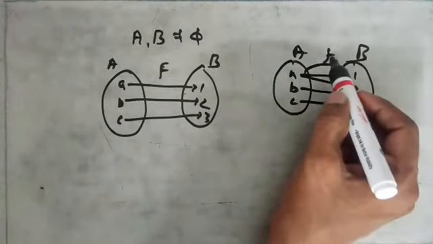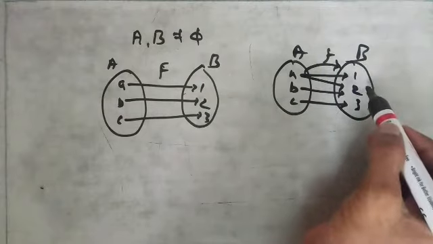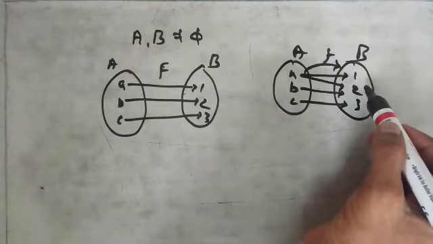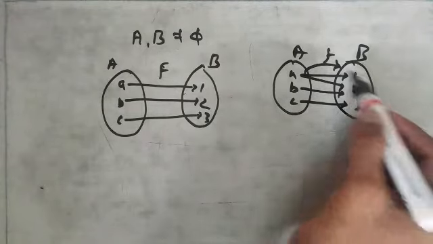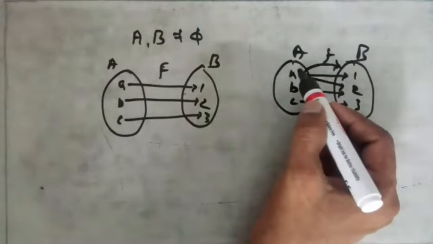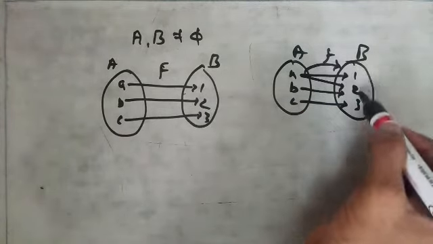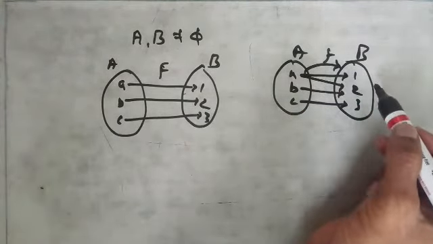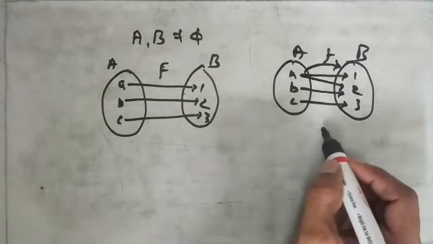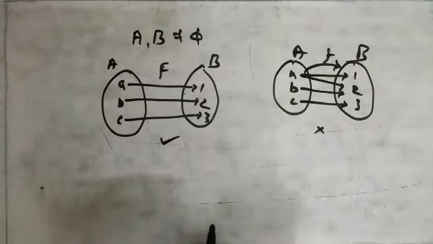Here this relation F associates A with 2 elements, so the uniqueness condition is not satisfied by this relation. That is, this relation F associates element A with 2 elements of B. So this relation is not a function.